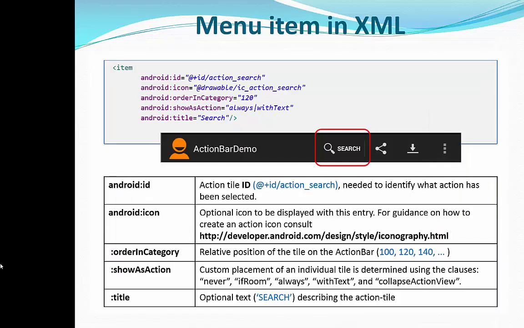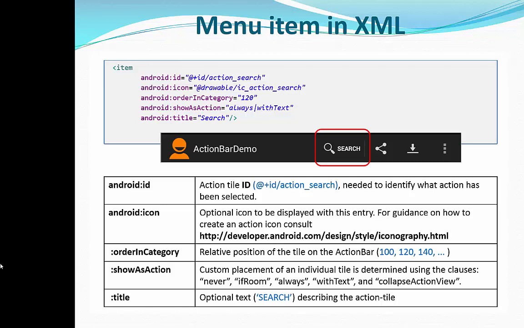So in order to create a menu item in XML, you have to specify five attributes. Number one, Android ID. We need it to identify what action has been selected. Number two, an optional icon to be displayed with this entry. If you want to know more, you can check the iconography page from the Android developer website.